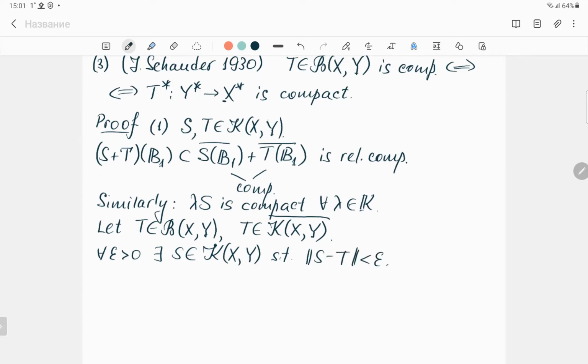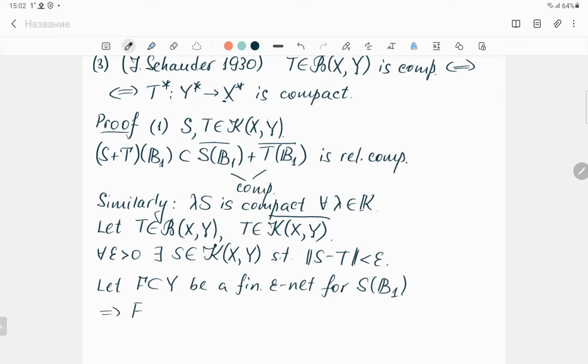Now S is compact. So the image of the unit ball under S is totally bounded. And we can easily find a finite epsilon net. So let F in Y be a finite epsilon net for the image of the unit ball under S. Well, then the triangle inequality readily implies that the same set F will be an epsilon net for the image of the ball under T.